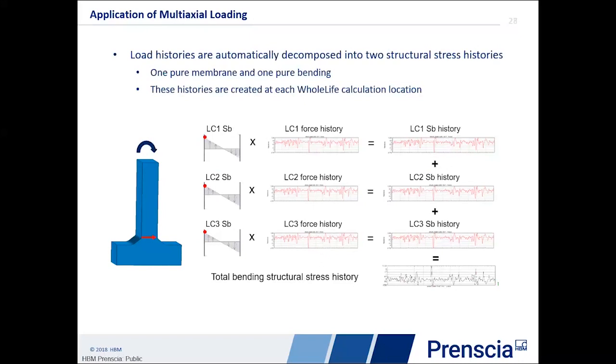So I could have on my structure dozens of loads coming in, hundreds of loads coming in, and I'm going to basically condense them down to two load histories. And those load histories have been converted into a structural stress for membrane behavior and a structural stress for bending behavior. And I'll have one of these sets for each location in my structure. So these right here are actually unique to each location being analyzed.